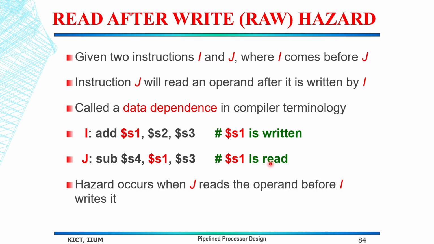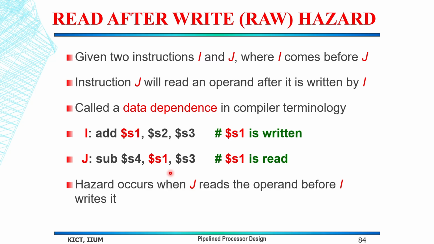Whenever the second instruction reads a register that the first instruction writes, that is read after write, and the hazard occurs when J reads the operand before I has written it. So this is the case where a hazard happens in read after write.